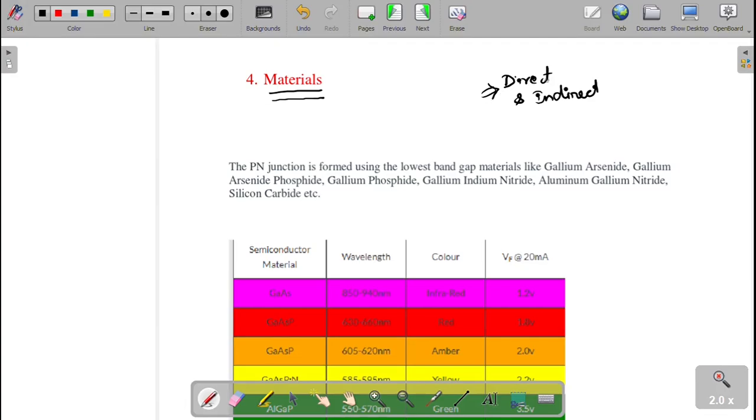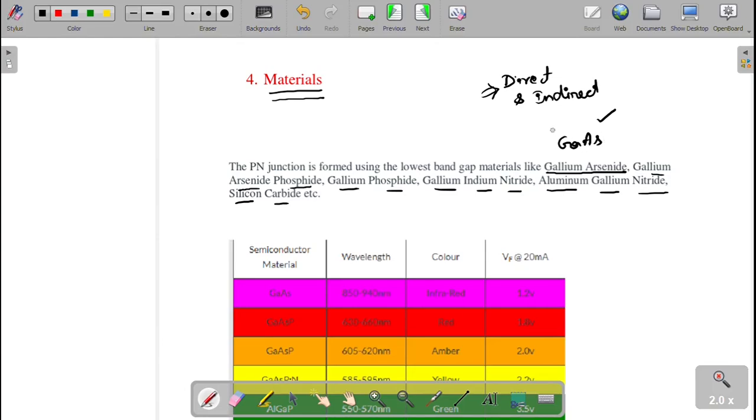Examples are gallium arsenide, gallium arsenide phosphide, gallium phosphide, gallium indium nitride, aluminum gallium nitride, silicon carbide, etc. Generally we have to remember this part, gallium arsenide.